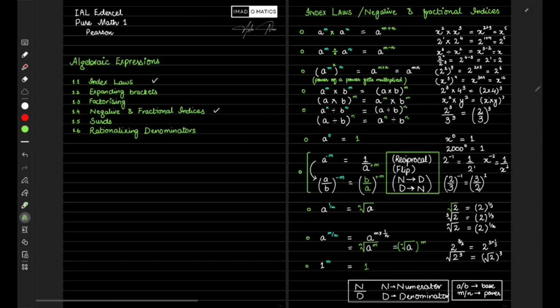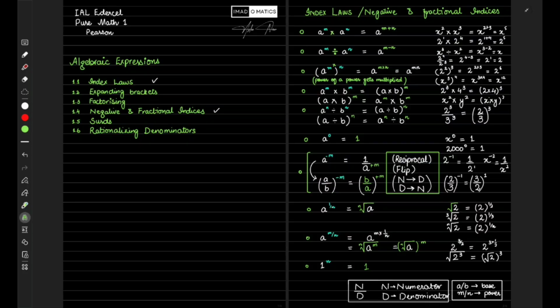These are all the laws of indices that you may come across in solving indices. I will be sharing with you a separate video for the recent topical questions for this particular topic.